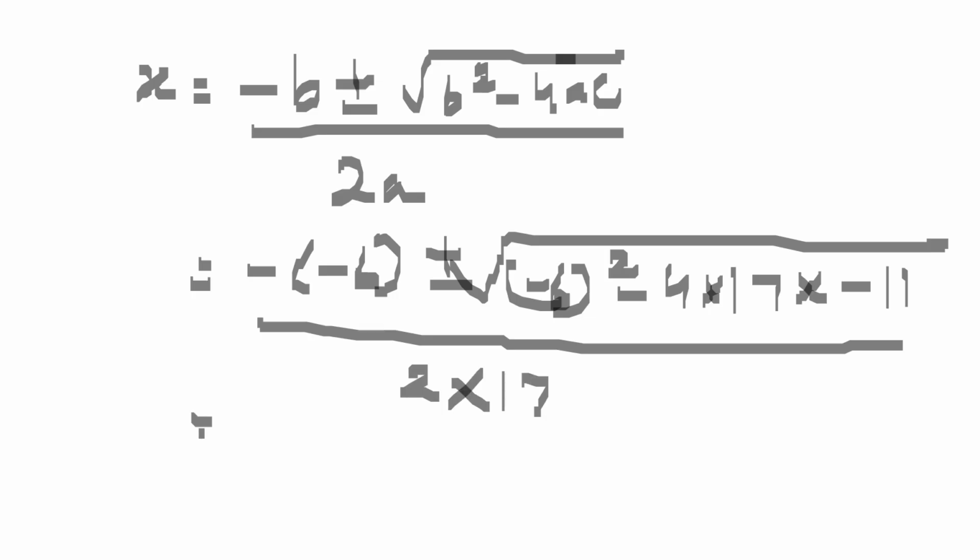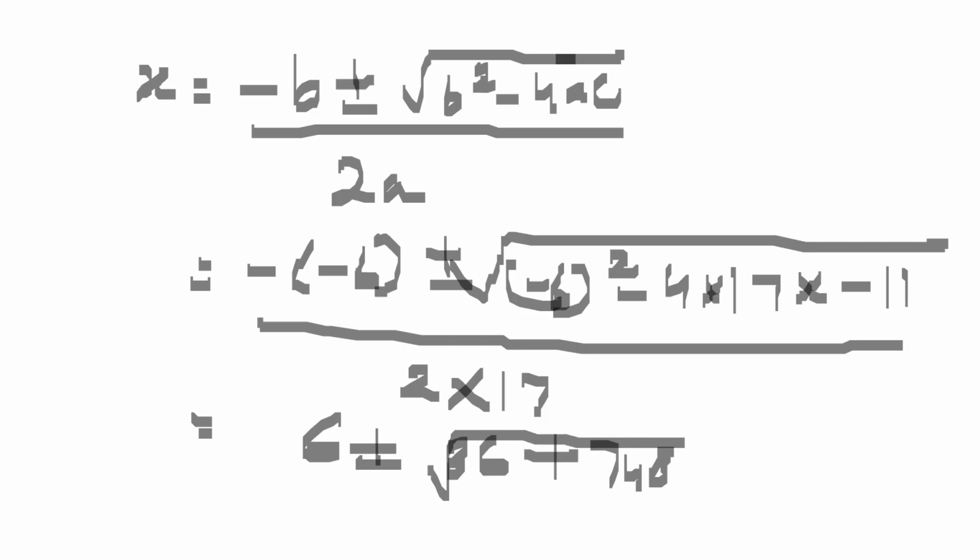So 6 plus or minus root of 36, minus into minus is plus, 4 into 17 into 11 is 748. Take the square root, whole divided by 34.